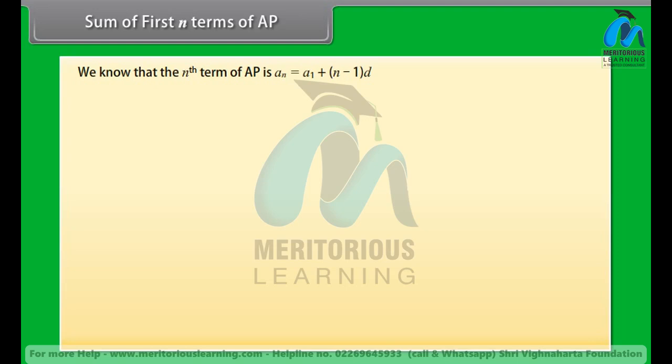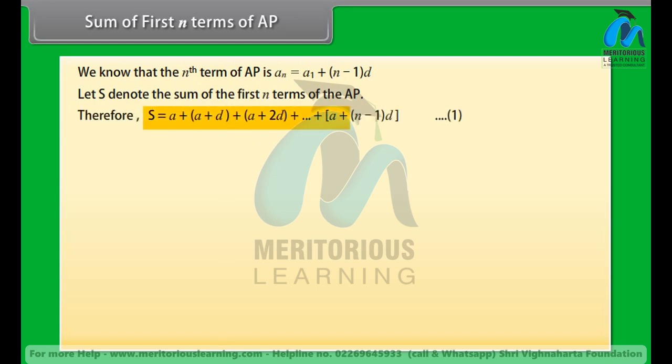We know that the nth term of an AP is an is equal to a1 plus (n minus 1)d. Let S denote the sum of the first n terms of the AP. Therefore, we have S is equal to a plus (a plus d) plus (a plus 2d) plus and so on plus (a plus (n minus 1)d).